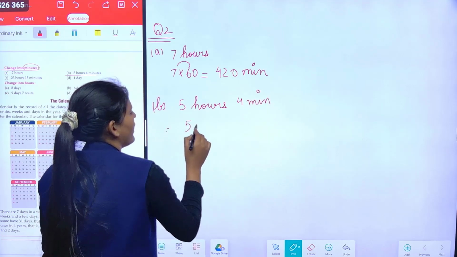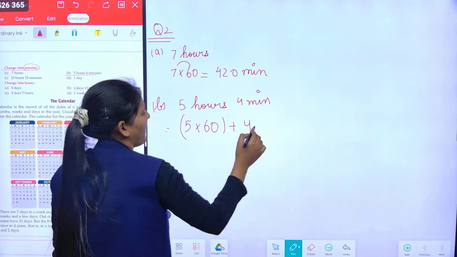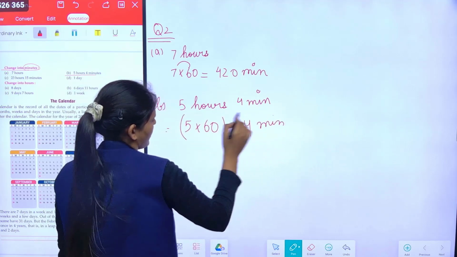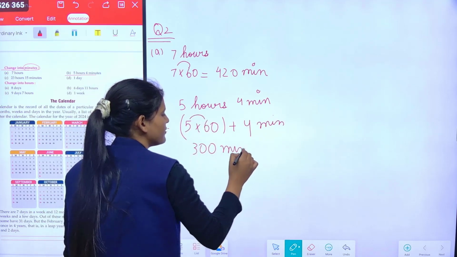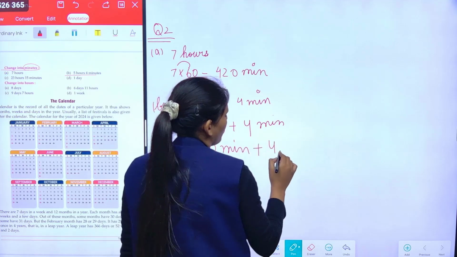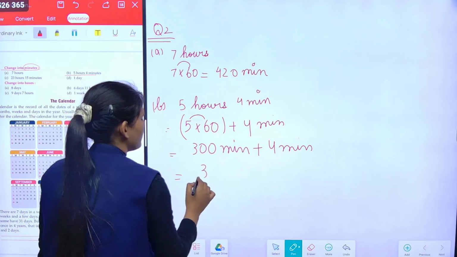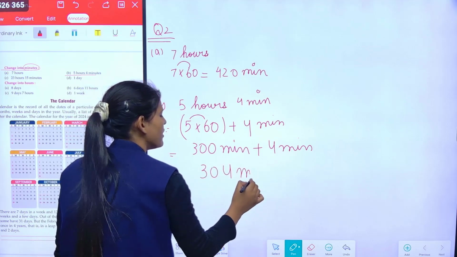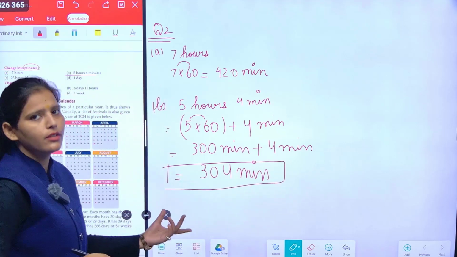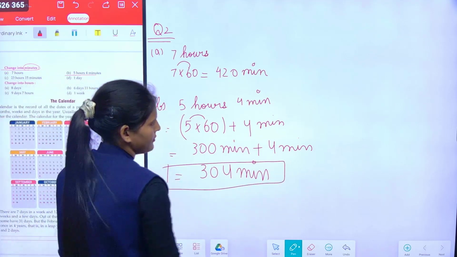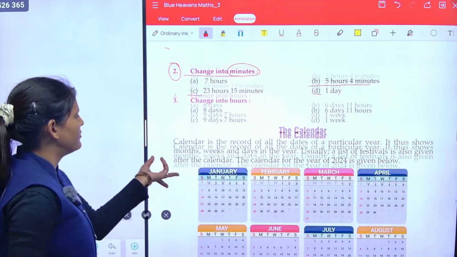Now 5 multiplied by 60 plus 4 minutes. 5 sixes are 30, 300 minutes plus 4 minutes, 304 minutes. Understood class? I hope you all have understood very well. Yes class, rest of the parts do yourself.